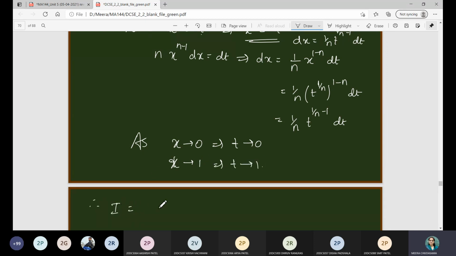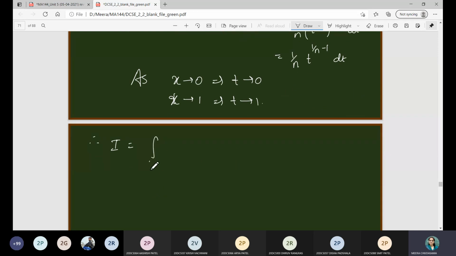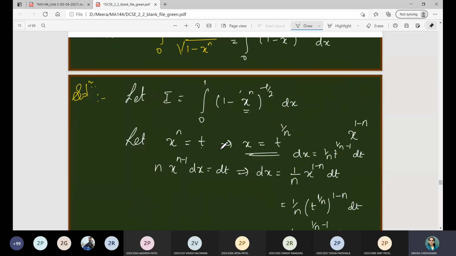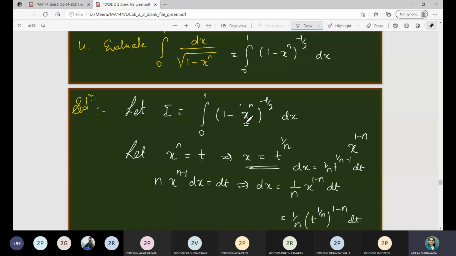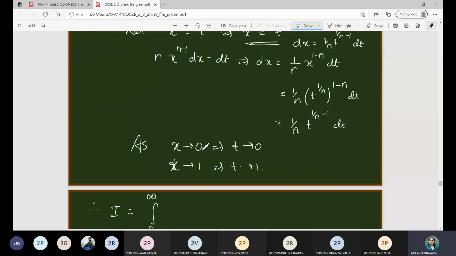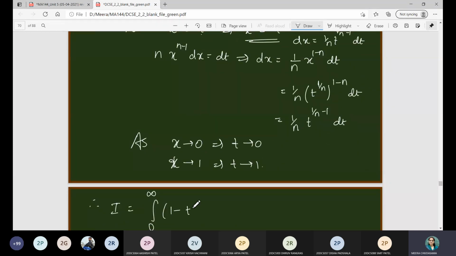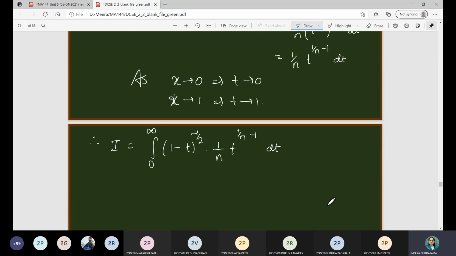Therefore I is equal to the integral, with limits 0 to 1, of (1 minus t) raised to minus 1 by 2 into dx, where dx is nothing but 1 upon n t raised to 1 by n minus 1 dt, right? So this is 1 upon n, I can take outside, and the limits are not 0 to infinity, this is 0 to 1.